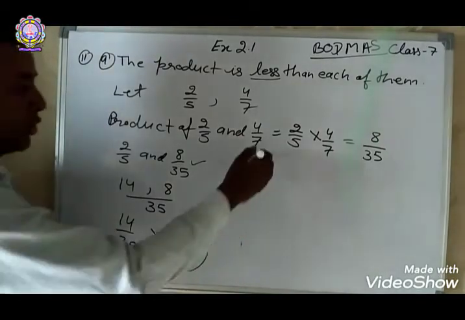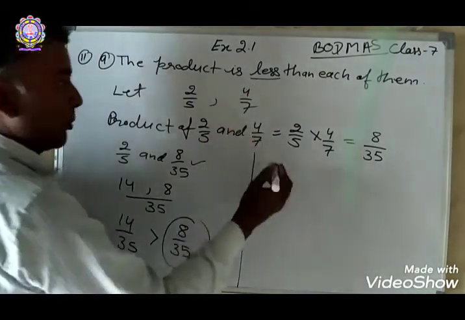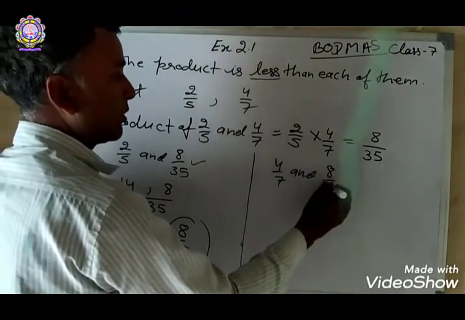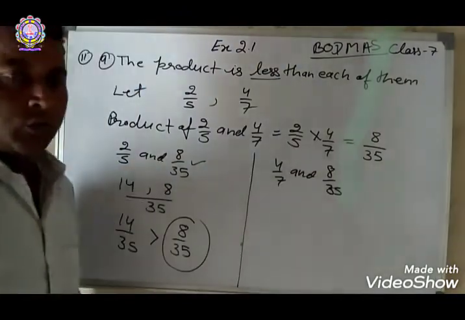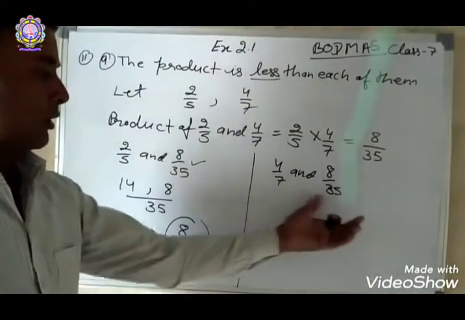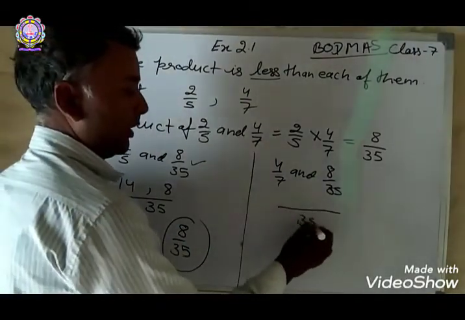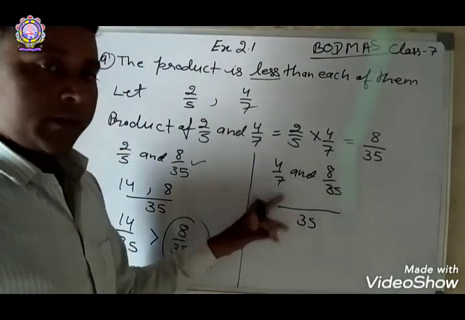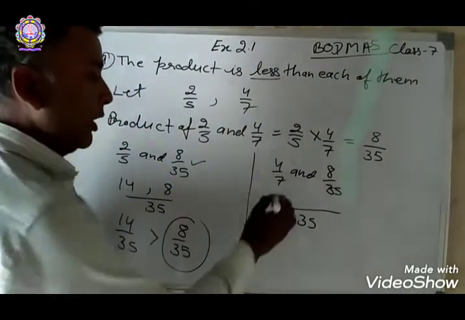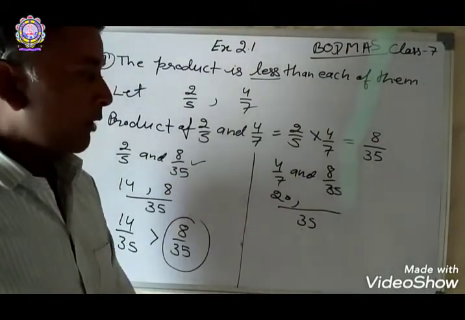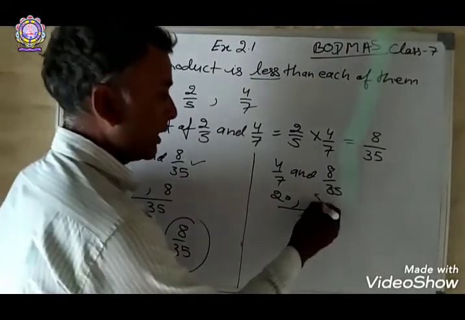The same process you do for 4 upon 7 and 8 upon 35. First you change the denominator to the same by taking the LCM, 35. 35 divided by 7 is 5, and 5 times 4 is 20. Use the comma. 35 divided by 35 you get 1, and 1 multiplied by 8 you get 8.